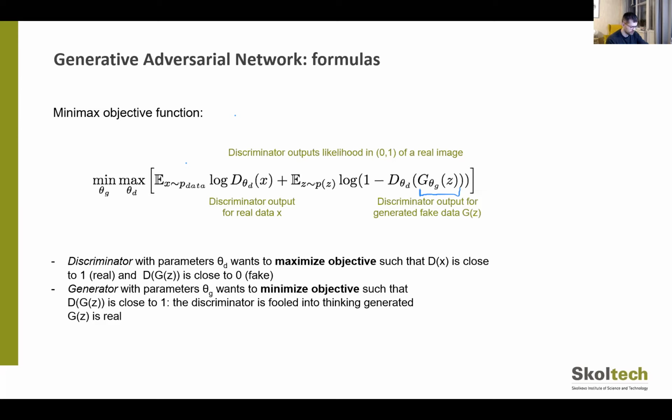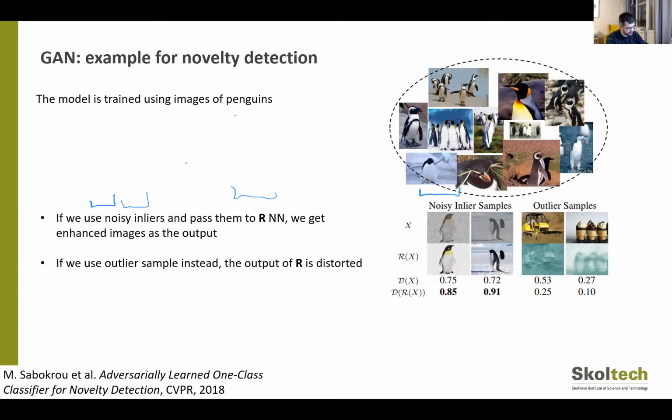So we minimize the score with respect to the generator parameters. For the discriminator, we want good scores for real data and bad scores for fake data. So we want to maximize this loss for our discriminator, which tries to distinguish the result of the generator. And so after training this approach, we have better representations of the data.